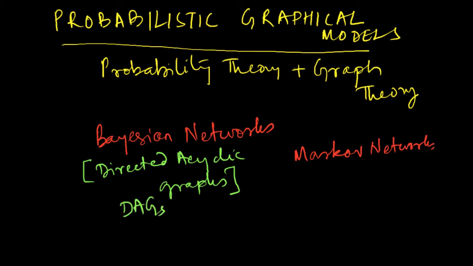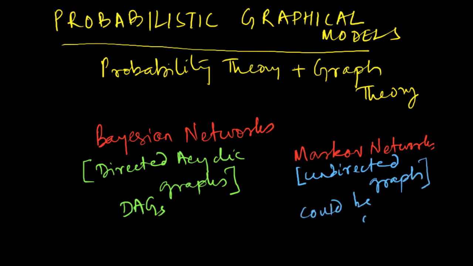In comparison, the Markov networks are undirected graphs where there is no specified direction of motion along the graph, and you could move in any direction and they could be cyclic. So both of these have their own advantages and disadvantages. Primarily, DAGs are able to encode causal relationships.